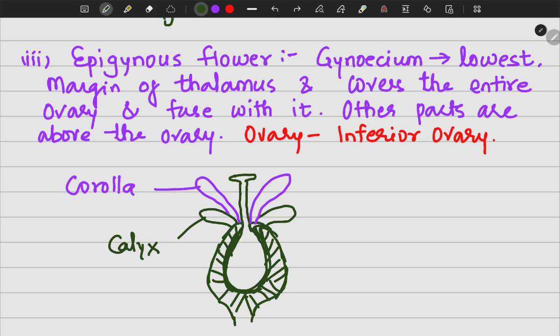I should draw it a bit higher. So this is how an inferior ovary or a epigynous flower looks like. This is the inferior ovary.